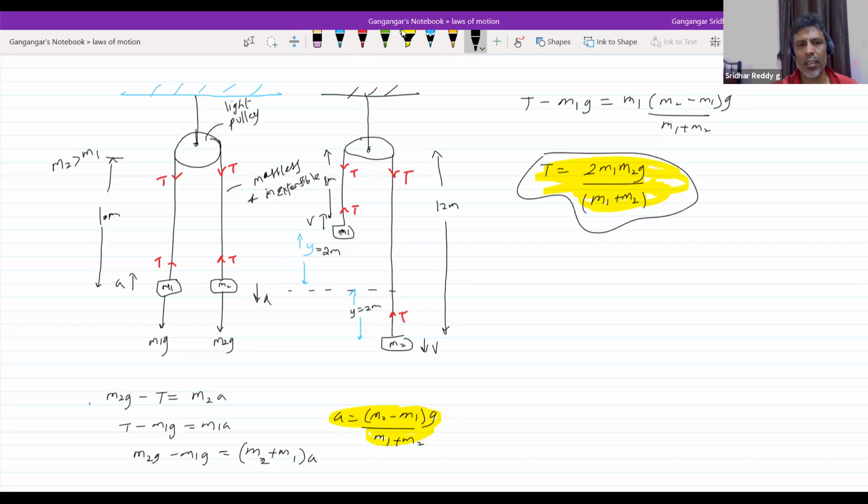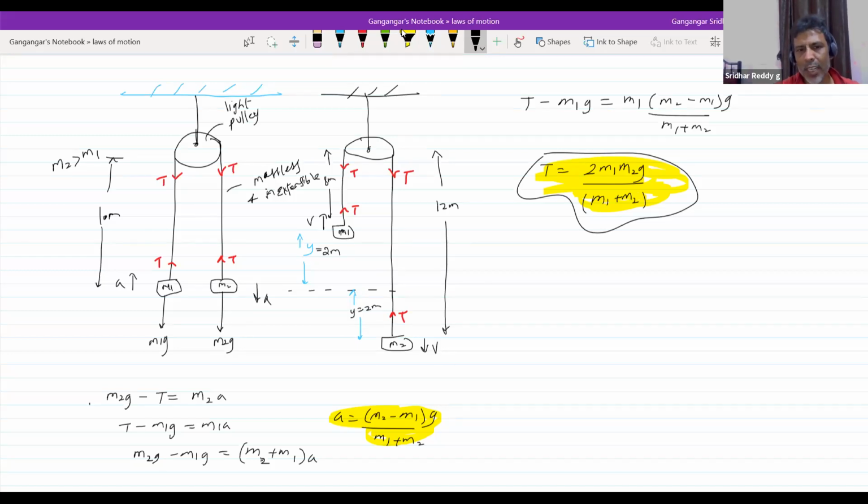Okay, for the time being, this is one general introduction I'm giving you: how to calculate the acceleration of the block and how to calculate the tension in the rope. If the string has a mass, then it becomes a little complicated problem, because the mass on this side decreases and the mass on this side increases. We have to bring integration into the picture.